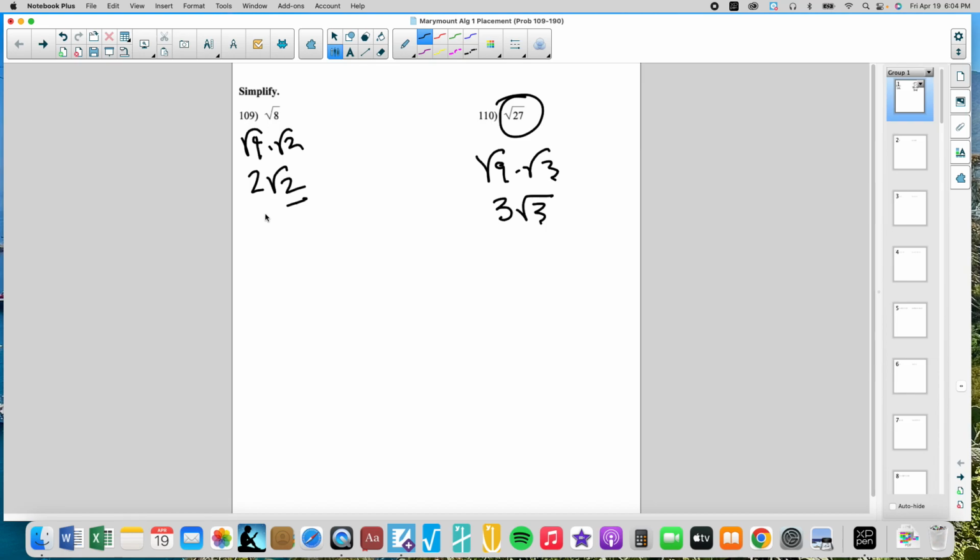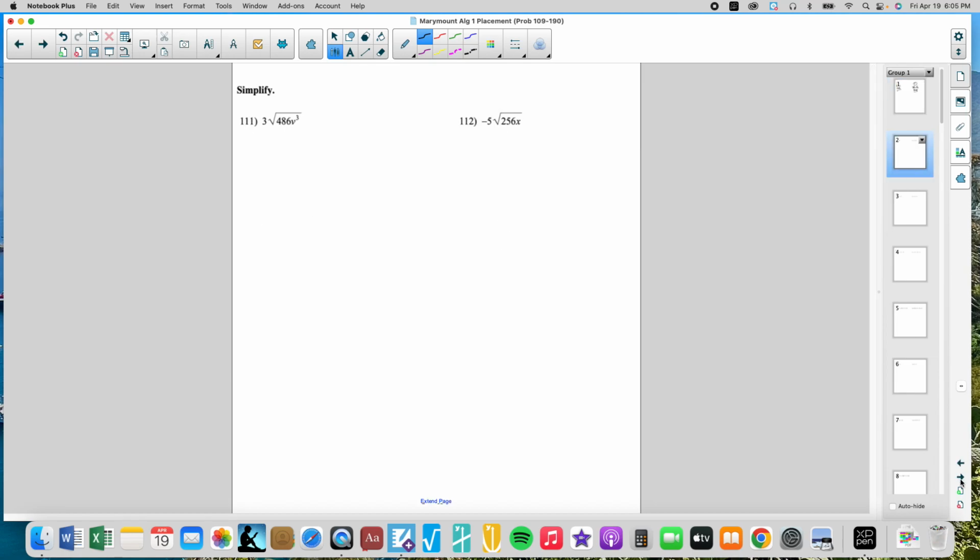Don't assume that all of them are going to end up being similar to that, but so we have 3 times, and now 486. Gosh, what's going to go into 486? I'm looking for perfect square factors. So 1, 4, 9, 16, 25, 36, 49, 64, 81.